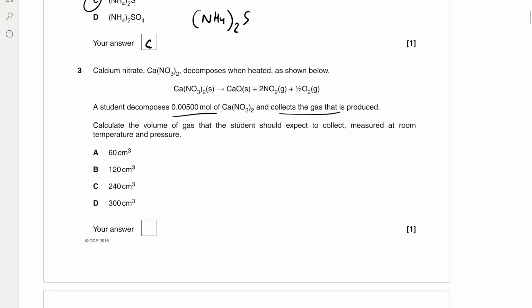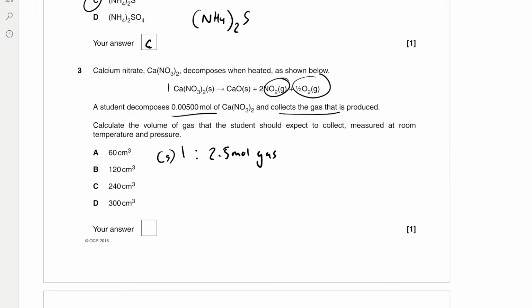If we look at what gases we're forming, CaO is a solid, so that's not a gas, so we don't need to count that. NO2 is a gas, and we've got 2 moles of that, so we need to count that. And we've got half a mole of O2. We have 1 mole of CaNO3 at the start, so we're forming 2.5 moles of gas for every 1 mole of our solid CaNO3.